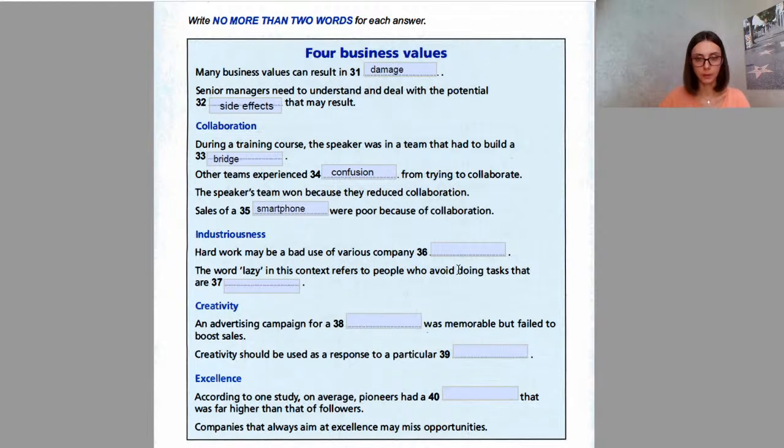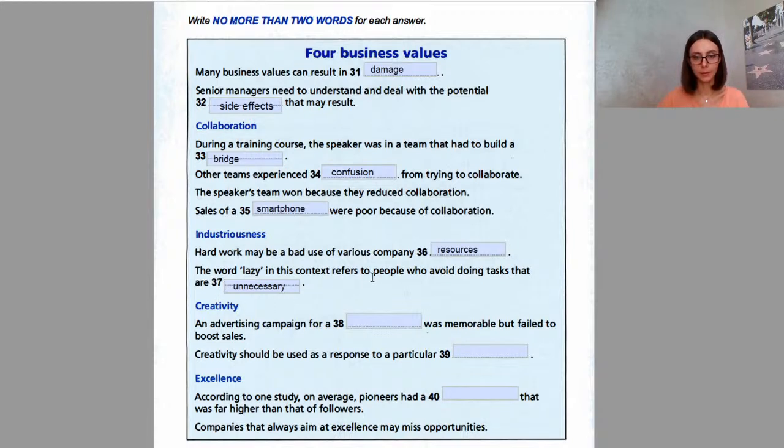36 is resources. 37 is unnecessary. So you also can write not necessary.